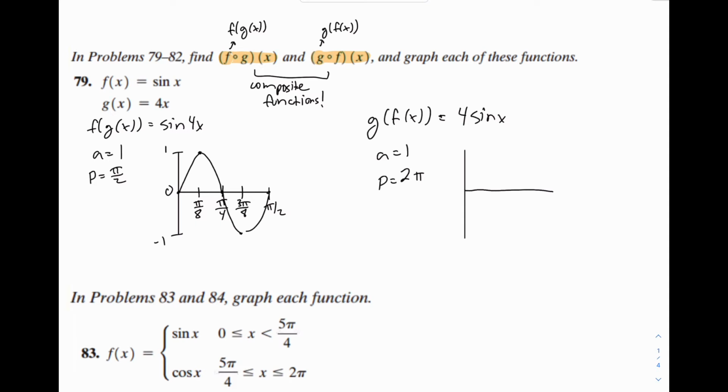We just got to graph it. So 0, a is 4, so put 4, negative 4. Fourth tick mark is 2 pi. So we scale appropriately. And let's sketch our wave.